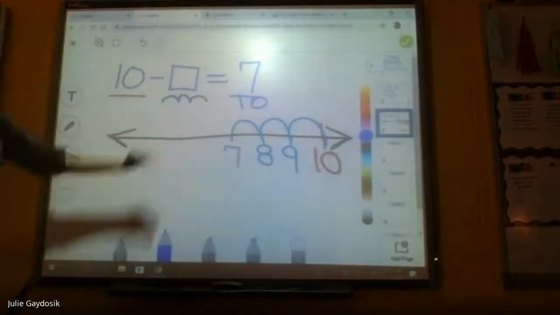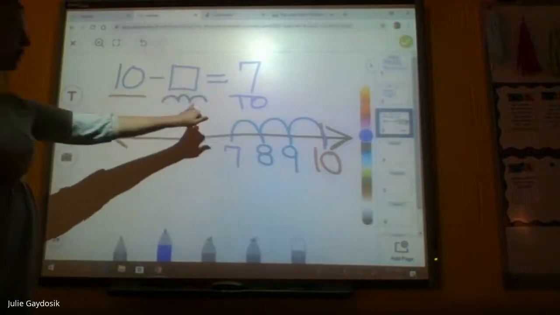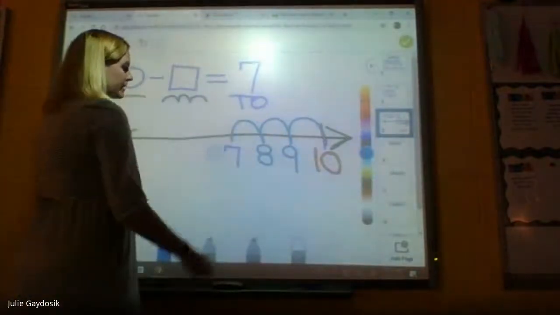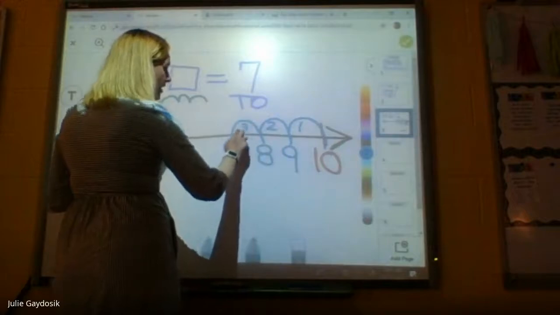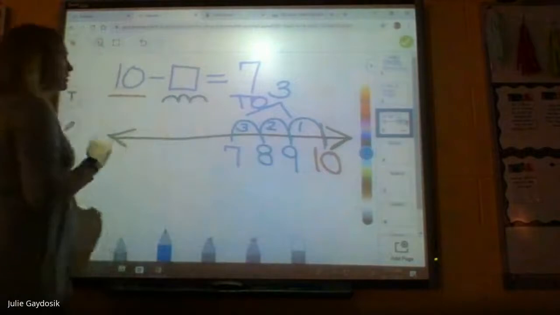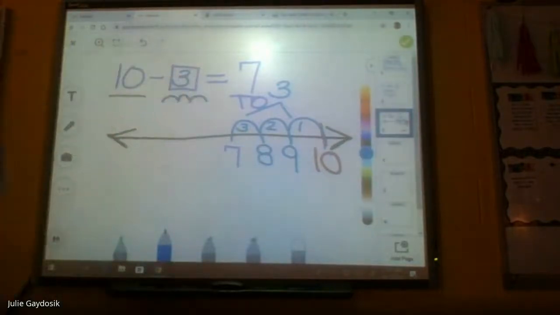Now, a lot of kids want to put 7 there, but that's not what I was looking for. Remember, I'm looking for the hops I did. So I did 1, 2, 3 hops. So I did 3 hops. So 10 minus 3 equals 7. So that's how I solved that missing number problem.